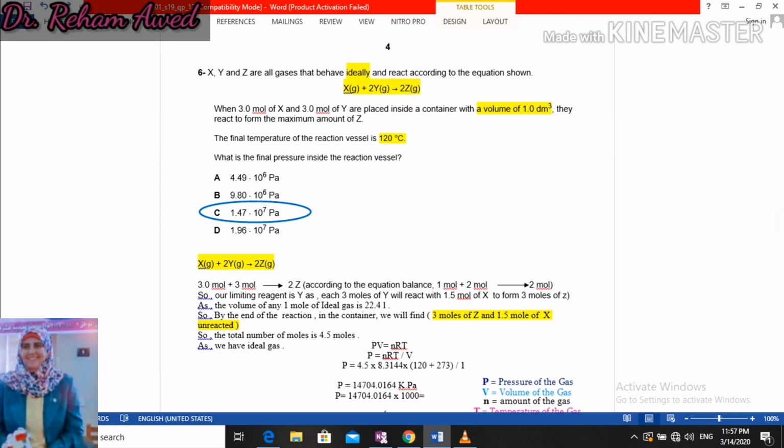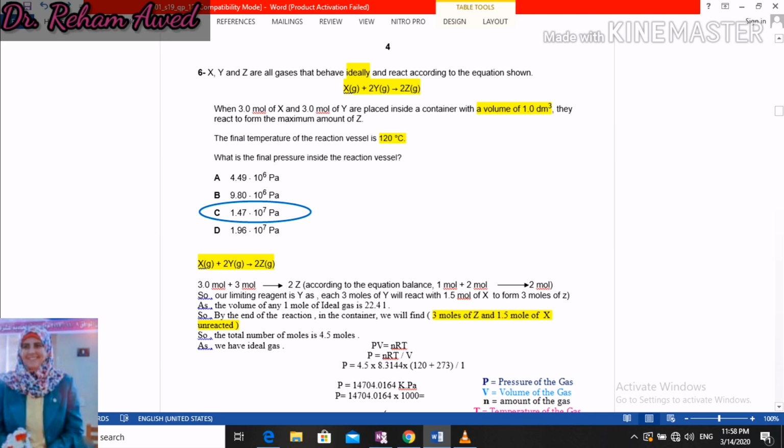By looking at the reaction, we have a limiting reagent, as each 1 mole of X will react with 2 moles of Y. So according to this relation, each 1.5 mole of X will react with 3 moles of Y to form 3 moles of Z. So by the end of the reaction inside our container, we will have 3 moles of Z and 1.5 mole of unreacted X.